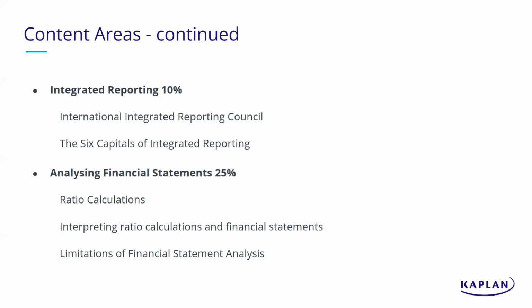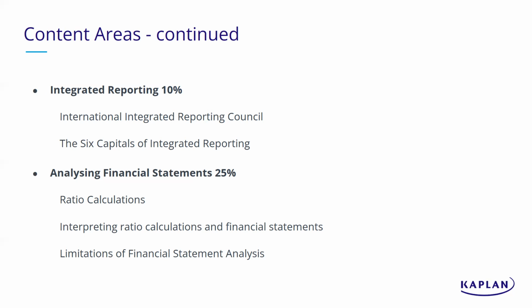In the F2 paper, this section also requires a real deep knowledge of ratios, not just in terms of the calculation of the ratios, but in terms of interpreting those ratios. So there are many, many questions where the calculations and ratios are given to you in the question, and you will get a question asking you to interpret what those ratios might be meaning for the business.